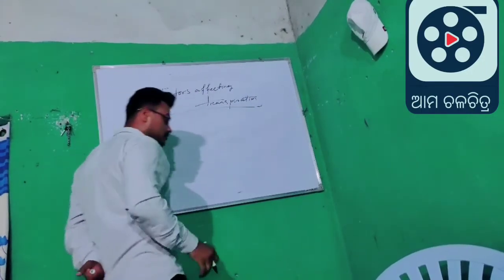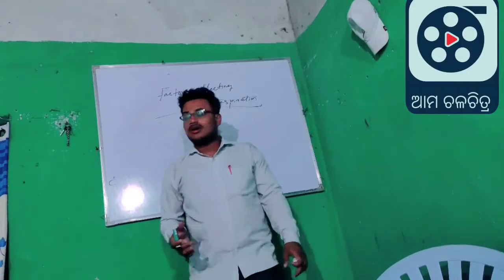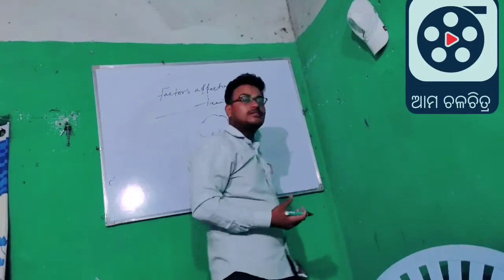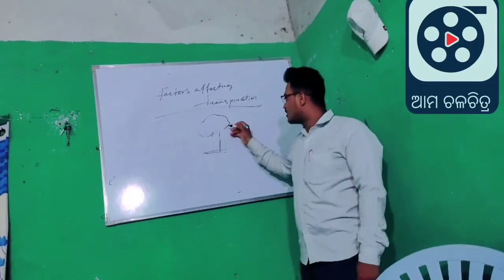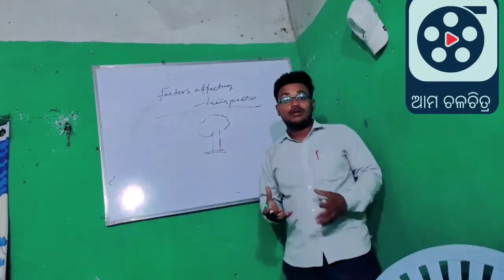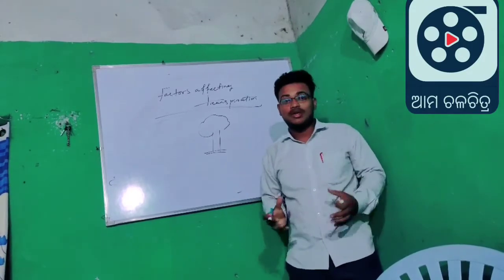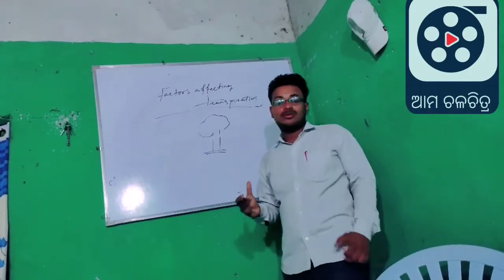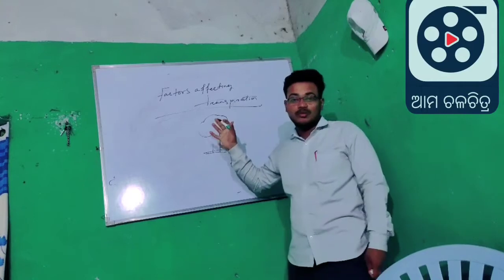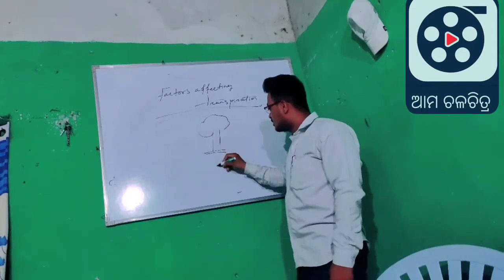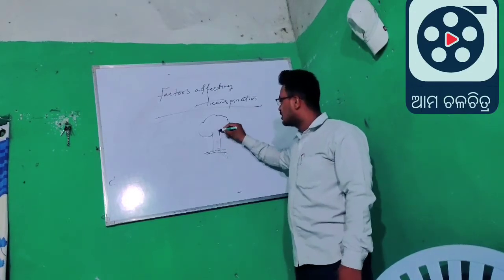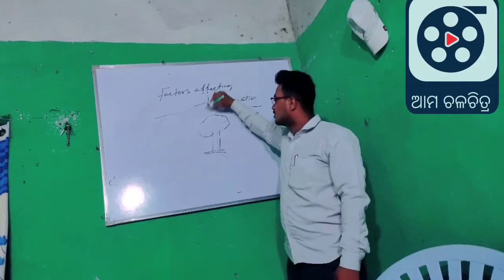If this is the plant and excess heat is there, the surrounding will be hot. If the plant cannot manage it, it will be burned away. For that reason, the higher the surrounding temperature, the more the transpiration. The roots take in water, then it flows outside through transpiration.